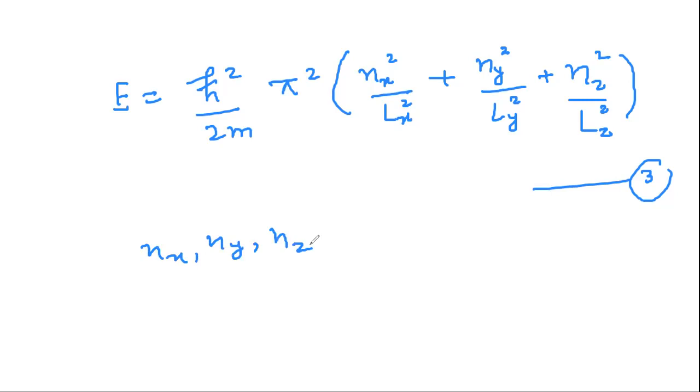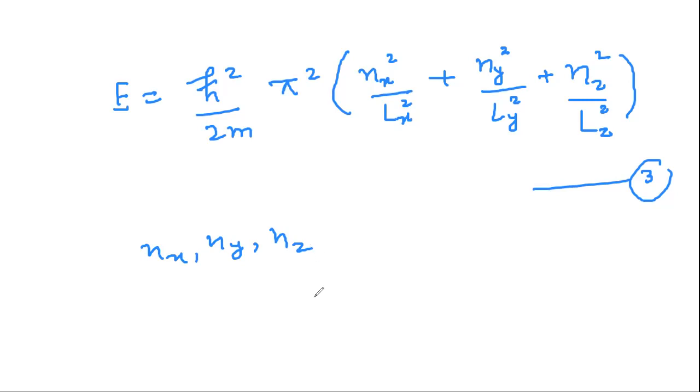So the state of the particle in question will be specified by stating the values of these quantum numbers, which can assume any discrete integral values, while equation 3 will give us the corresponding value of the quantized energy in that particular state. So once you specify the state by specifying the values of nx, ny, and nz, you can, using equation 3, find the energy of the particle in that particular state.